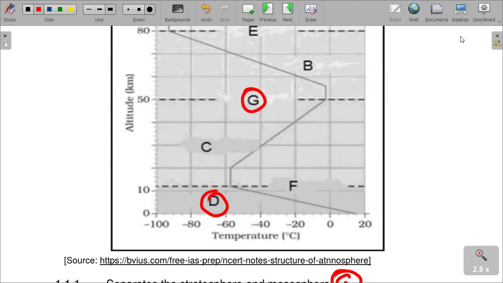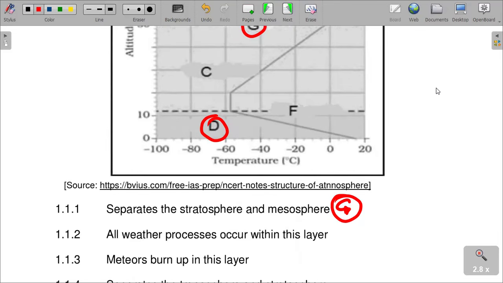Yes, good. Let's continue, class. I was just saying, it is very important for you to understand the structure of the atmosphere, so that if you are able to label the structure of the atmosphere, you can answer all the questions that are there.